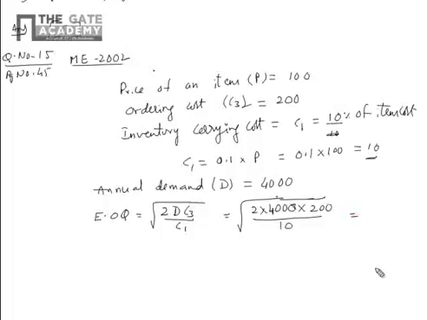Simplifying, we get 400. The options are A 50, B 100, C 200, D 400. So the answer is D.